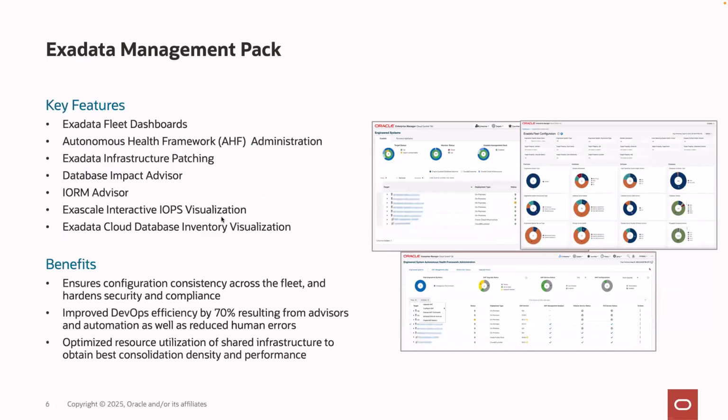The key features in the total pack are Exadata fleet dashboards, Autonomous Health Framework administration, Exadata infrastructure patching, database impact advisor, and IO resource management advisor. We have also provided some additional features for Exascale, interactive IOPS visualization, and in the cloud, inventory visualization as well.